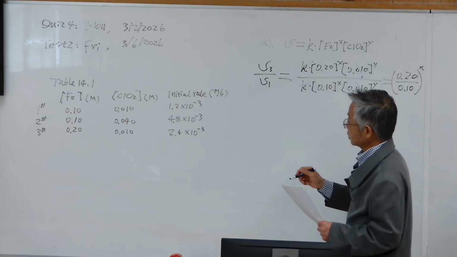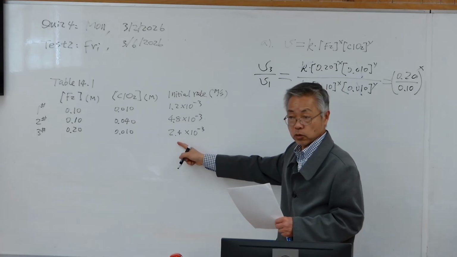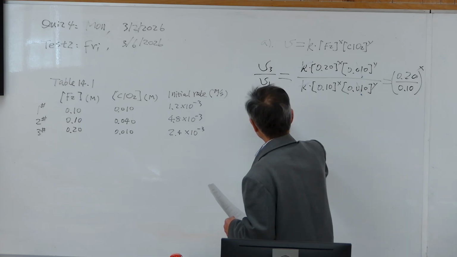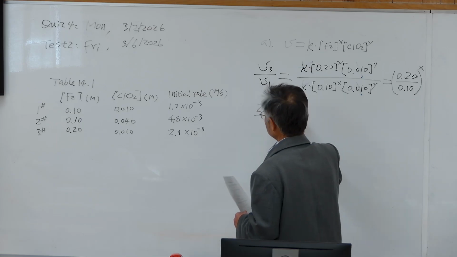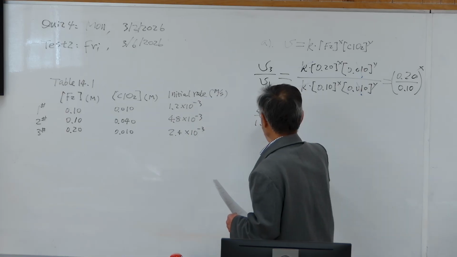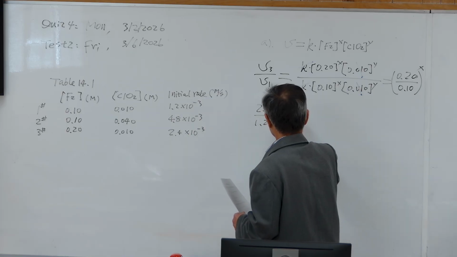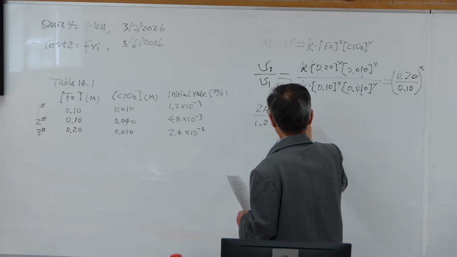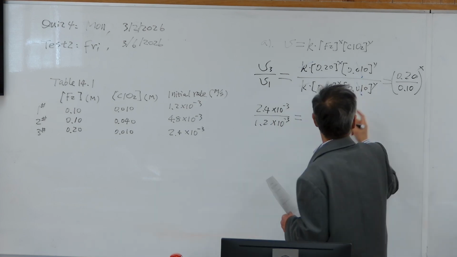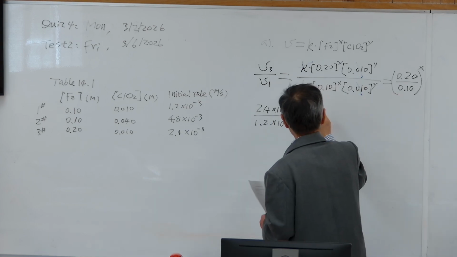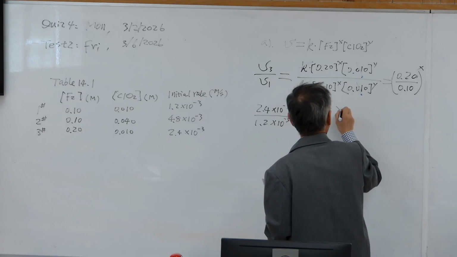Well, according to this table, V3 is 2.4 times 10 to the negative 3, V1 is 1.2 times 10 to the negative 3, equal to 0.2 over 0.1 to the X power.